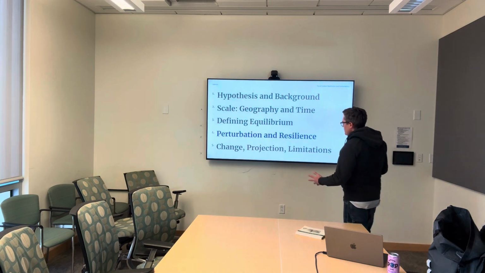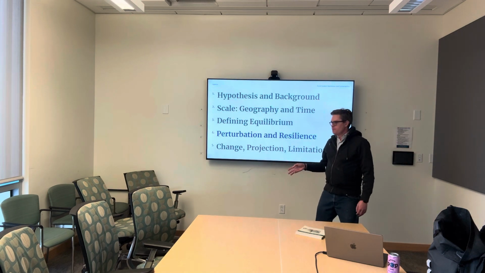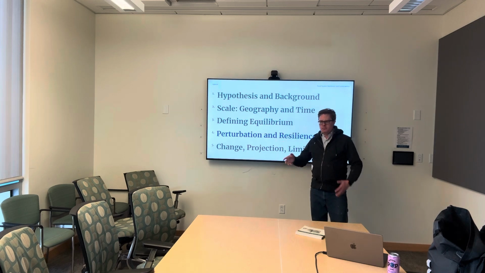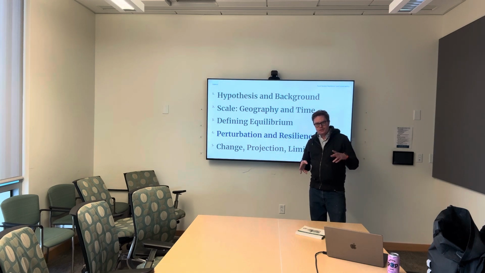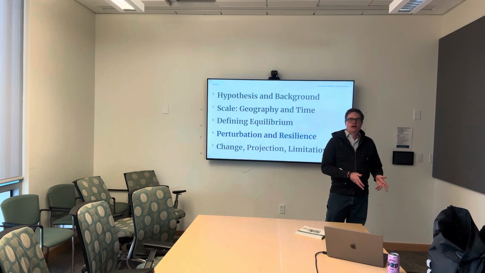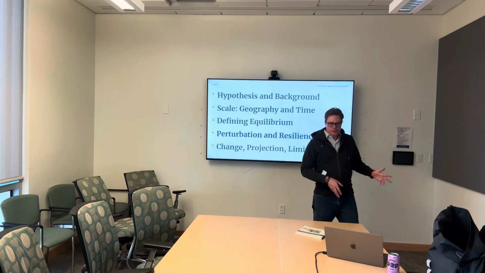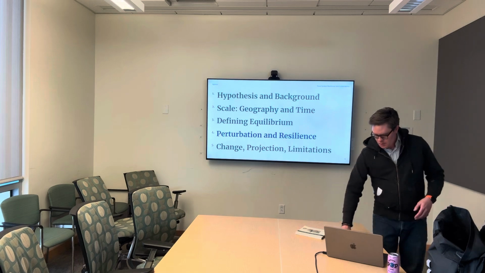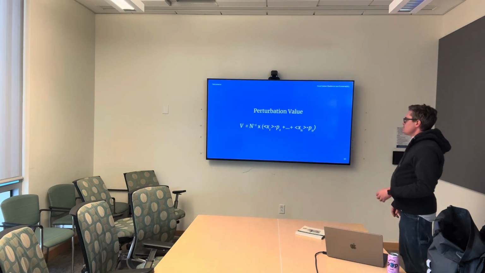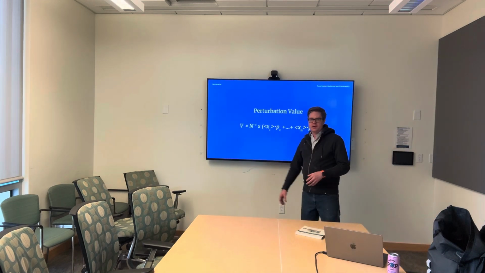So let's talk about perturbation and resilience. Over here on equilibrium, that's sort of our all things being equal amount. But all things aren't equal. Things happen, things change that end up affecting how much energy, how many calories are in the food system. So what is a perturbation?